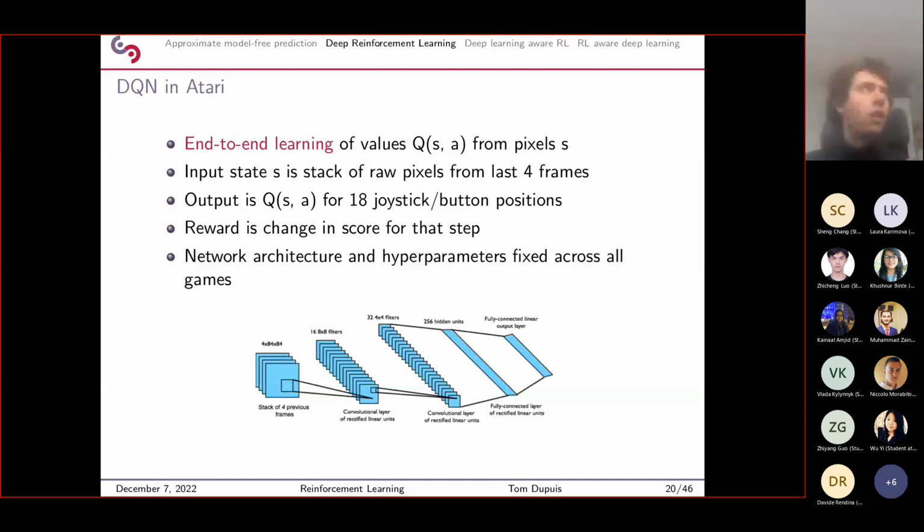You can think of it as a classification in deep learning, where you have n classes and you need to choose one. That's the same architecture.